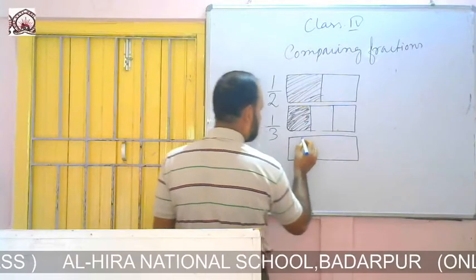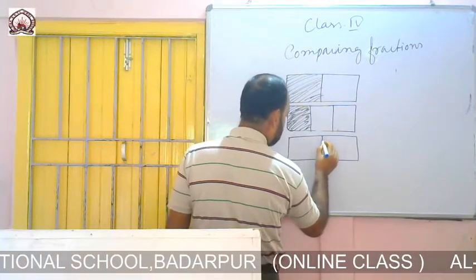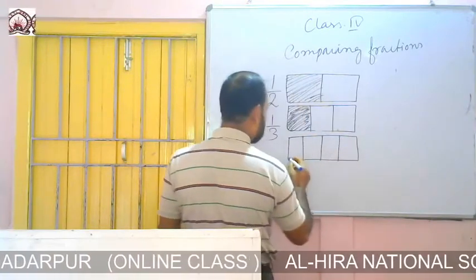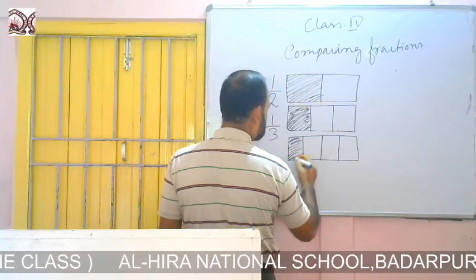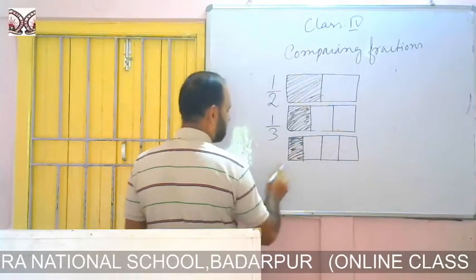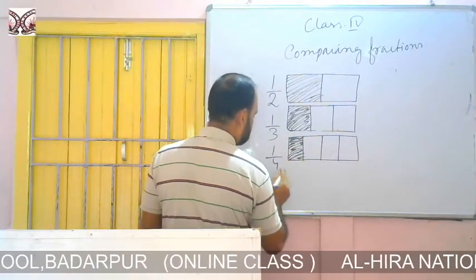Next, if same rectangle, if we divide into 4 equal parts and color one part, then in terms of fraction we can write 1 by 4.